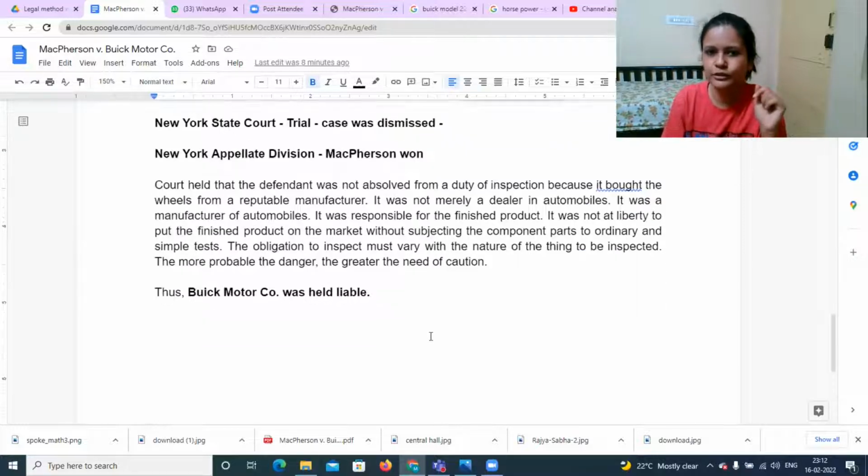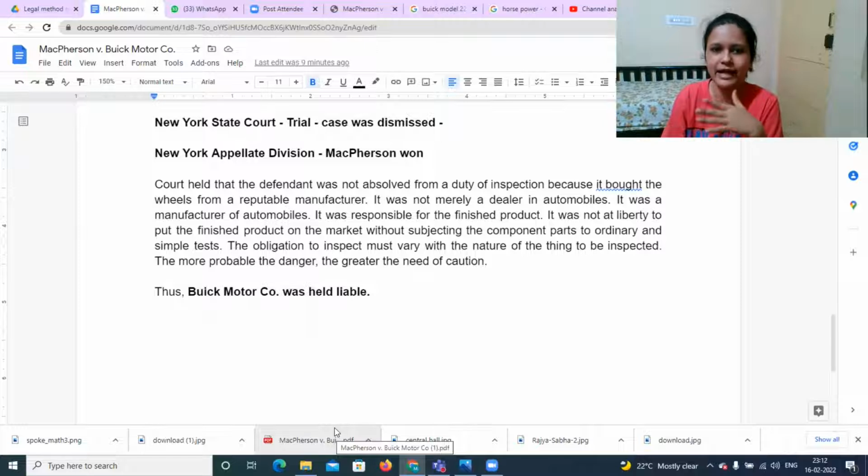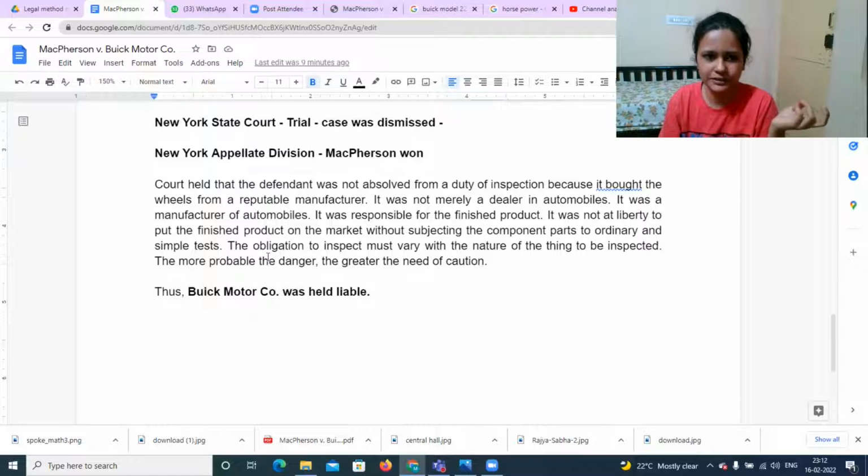The obligation to inspect must vary with the nature of the thing to be inspected. What inspections you would do, to what extent you would do, that varies from the goods, right? That varies from what you are inspecting. It differs. The more probable the danger, the greater the need of caution.